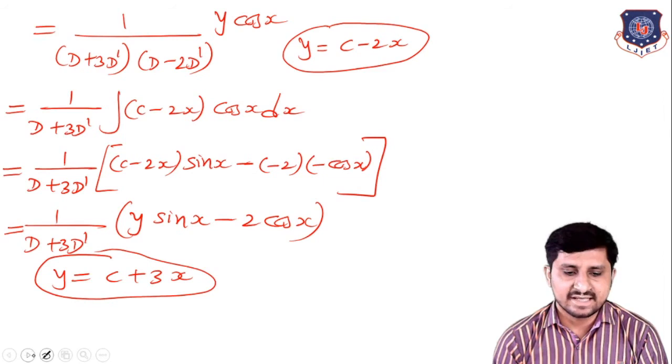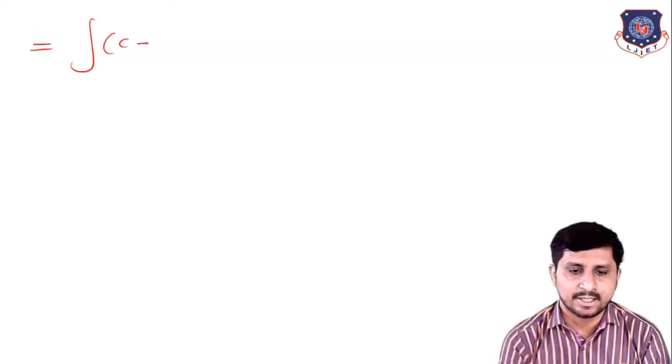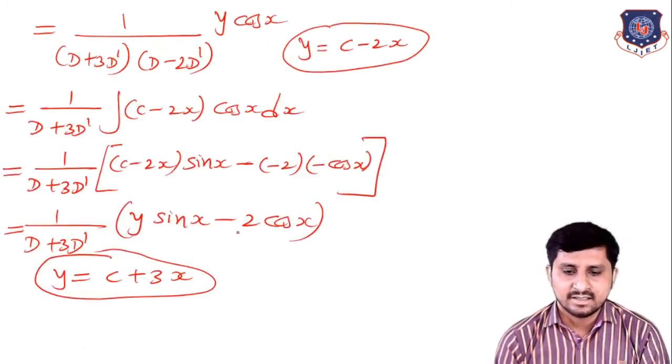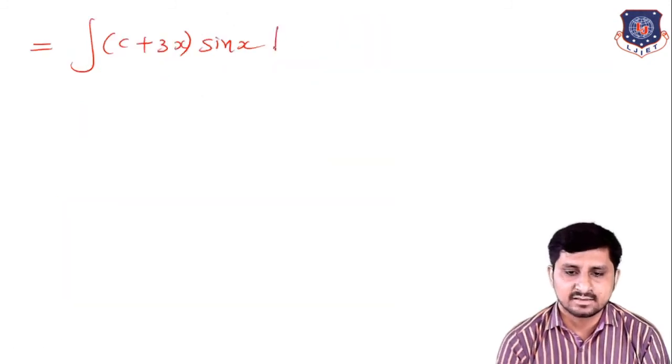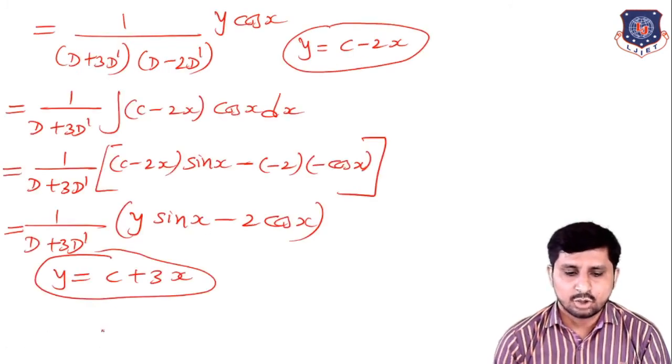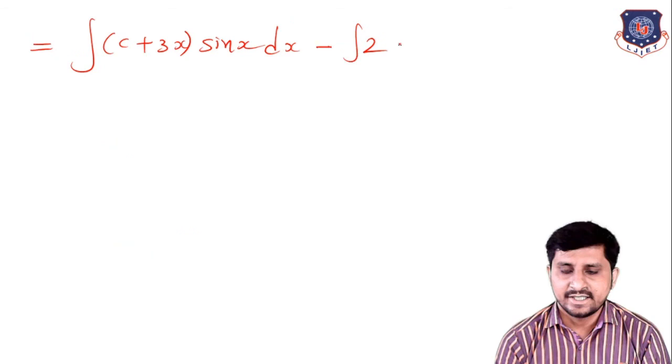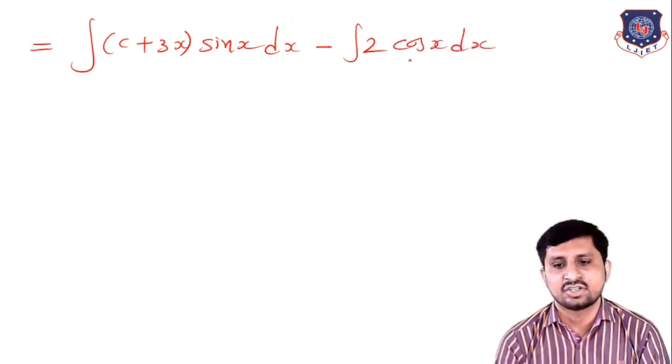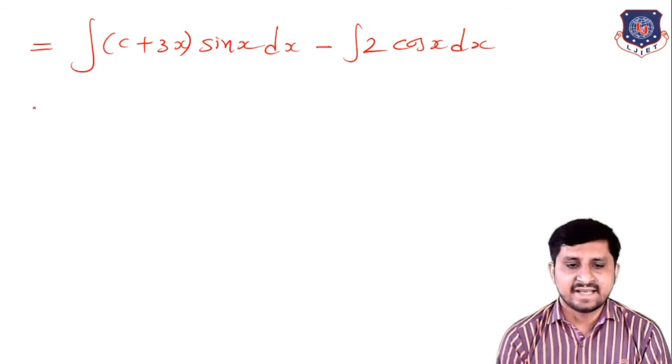So c plus 3x into sin x, and integration of cos x, that is sin x. So minus dx minus integration 2 cos x. Okay, integration 2 cos x dx, and we know that integration of cos x, that is sin x.